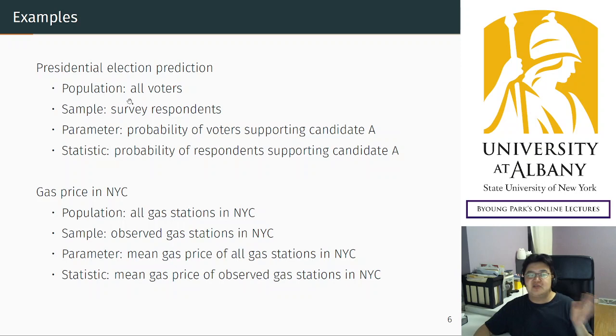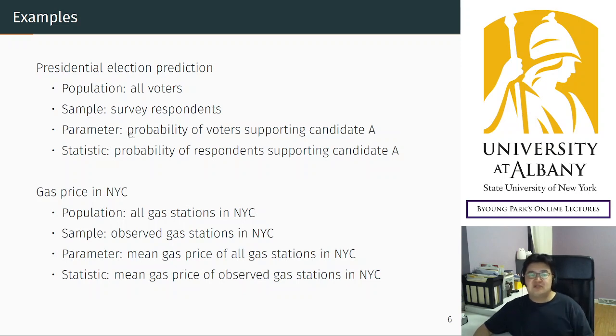So the population is all votes, but you cannot survey all voters. So what's only available to you is the sample, which is survey respondents, which is a subset of voters. And then what we are interested in is the parameter, which is defined as the probability of voters supporting candidate A, simply, right?